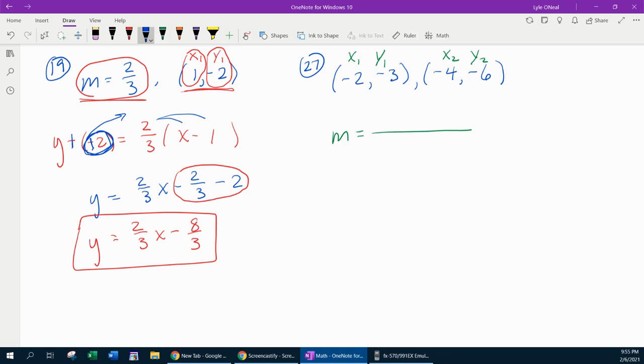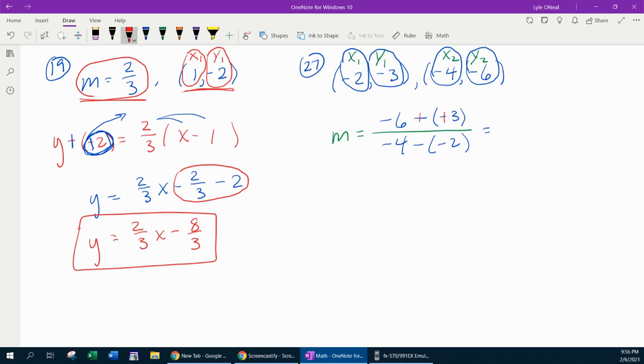Into the slope formula, that's going to be y2 minus y1 over x2 minus x1. And then you just need to work that out.